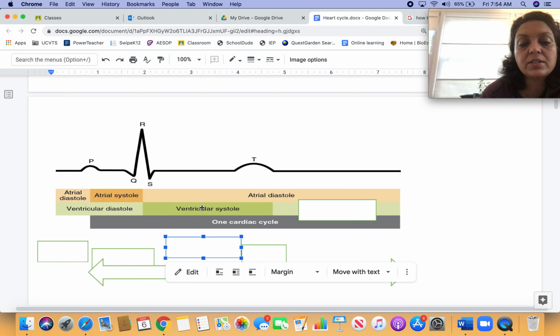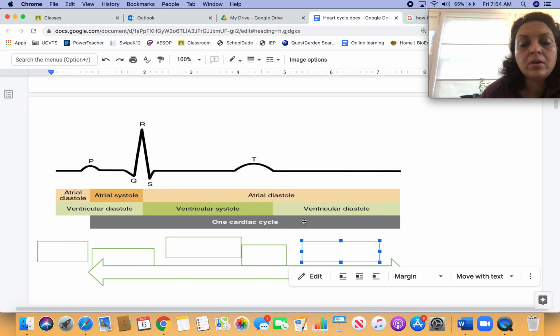So the ventricular systole lasts from the peak of the R phase up to the end of the T phase. So notice ventricular systole is from here, R, up to later after T. And right after the ventricular systole, as we know, it goes into diastole, which is relaxation.